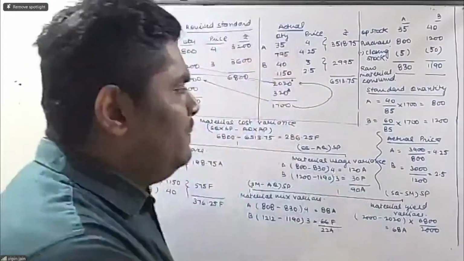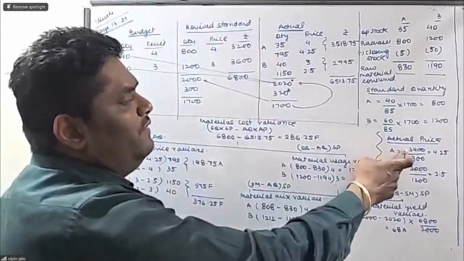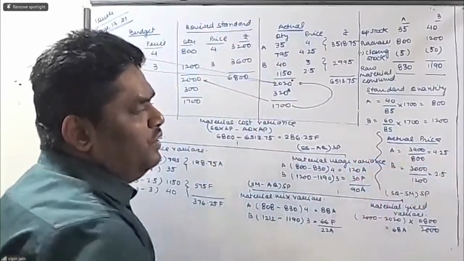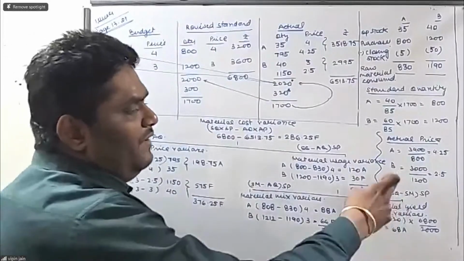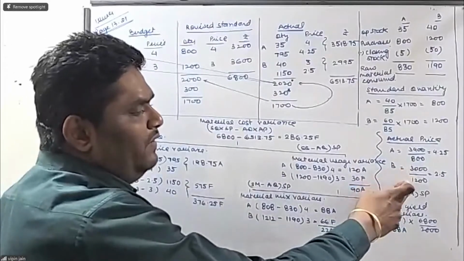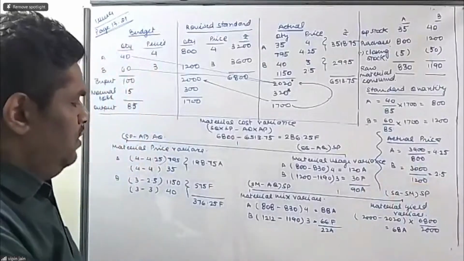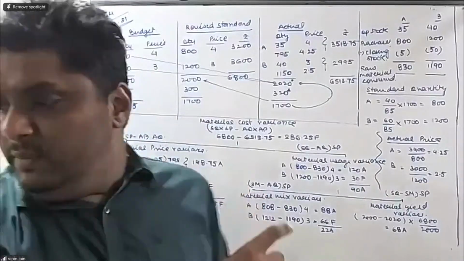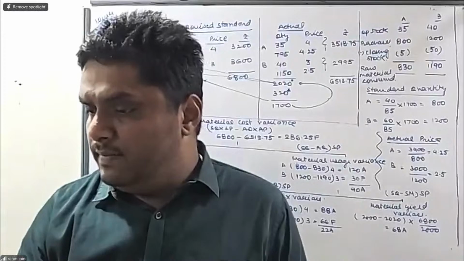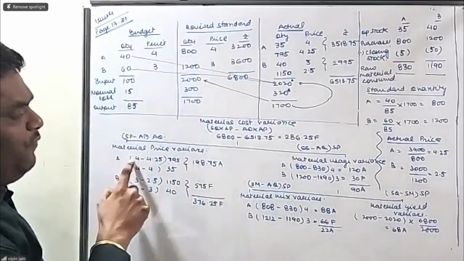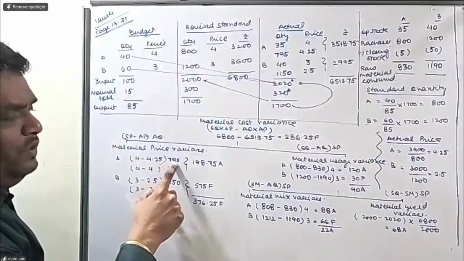Bhaskar Das, the actual price is very simple. 3,400 we have paid for 800 kgs. So 4.25 actually will be the price. And similarly for B also, 3,000 we have paid for 1,200 kgs. So 2.5 will be my price. Okay, you're talking about 198.75, right? So see, it is 4 minus 4.25 into 795.